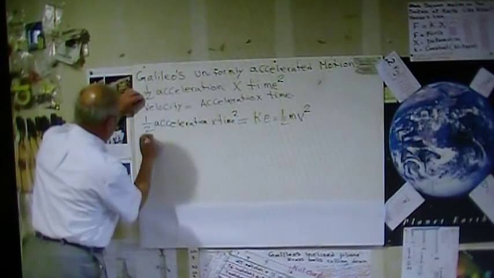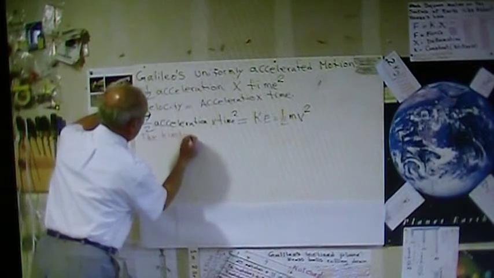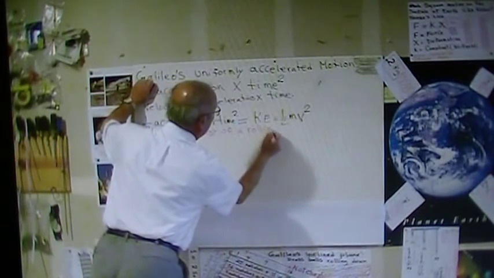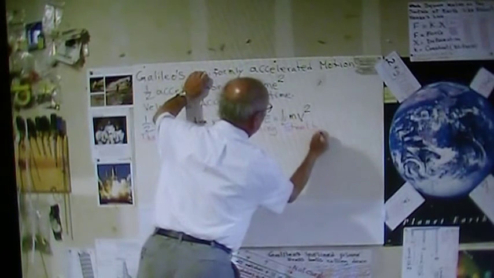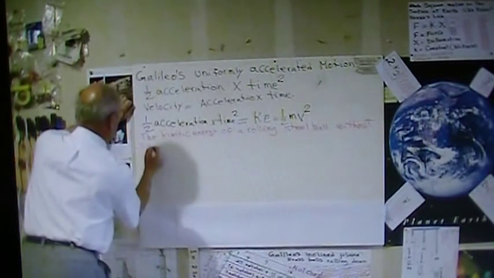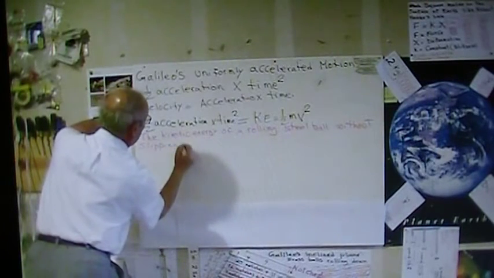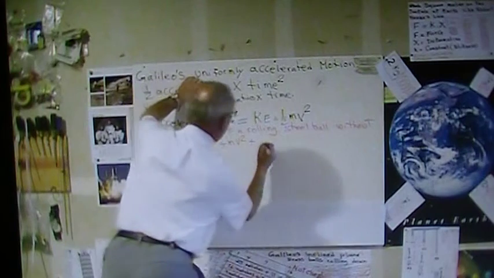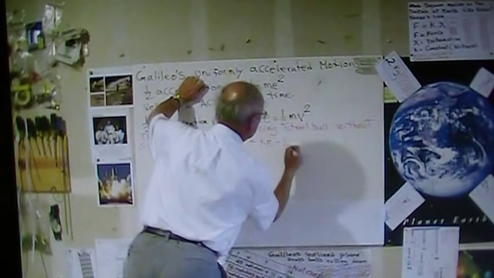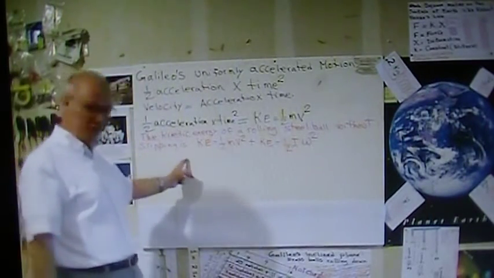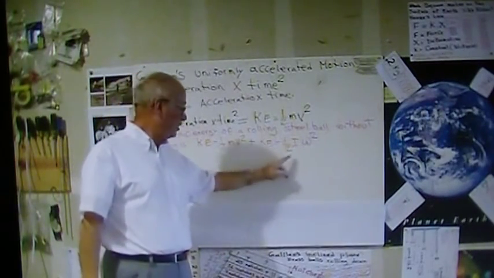The kinetic energy of a rolling steel ball without slipping is, as you can see here, the translational kinetic energy plus the rotational kinetic energy.